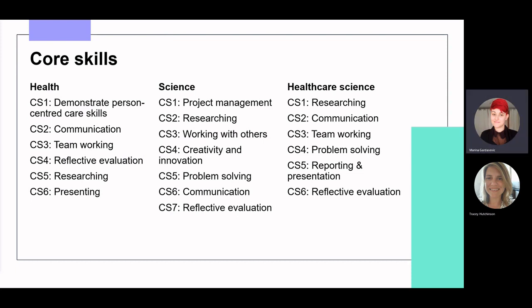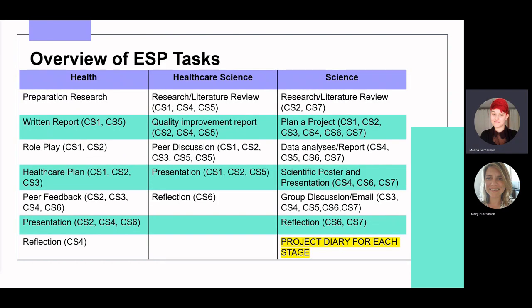But then some of them have core skills that go across all 3. For example, communication is in health, science and healthcare science. But it's important to look at the specification for your specific T level, because the specification breaks down each skill further and tells you exactly what the students need to know for that skill. You can embed these skills throughout your first year of delivery, and we will cover this later in the session.